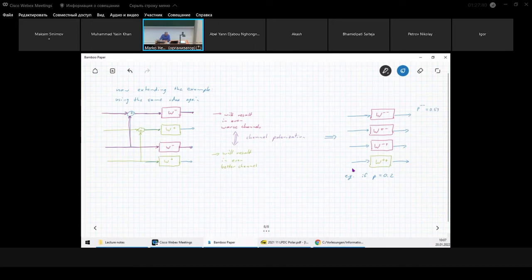We get the P plus minus to be 0.08. We get the P minus plus 0.1. And we get the P plus plus to be 0.0.